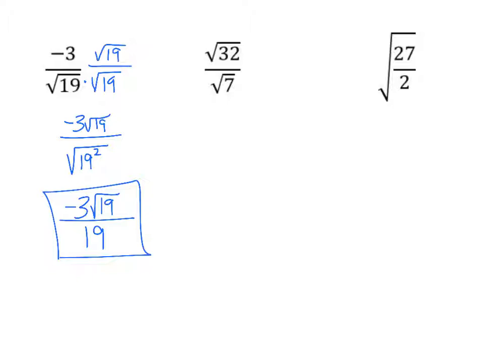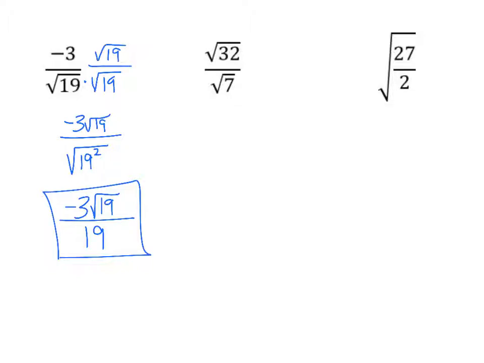Now, let's try again. This next one, I have a square root on the top also. The thing that I want you to be looking for on this is that the square root of 32, way back in section 9.2, you learned how to reduce radicals. The square root of 32 can reduce, and we want to get anything that's in the radical as small as we can before we start worrying about rationalizing.